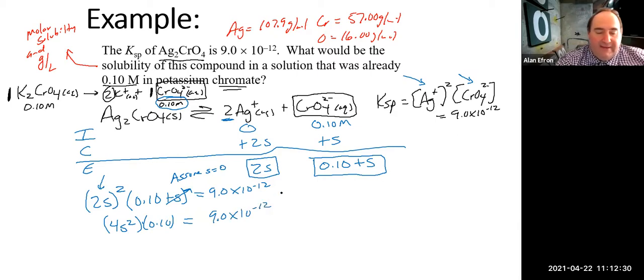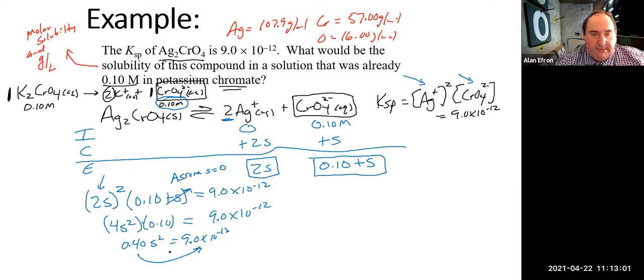Cleaning up the left-hand side there, 4 times 0.1 gives me 0.4, and that times s squared is equal to 9 times 10 to the minus 12. We're going to divide that to the other side. I'm also going to take the square root of it at the same time. So 9 times 10 to the minus 12 divided by 0.4.